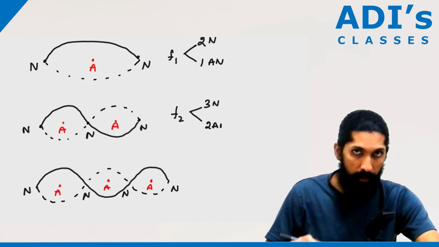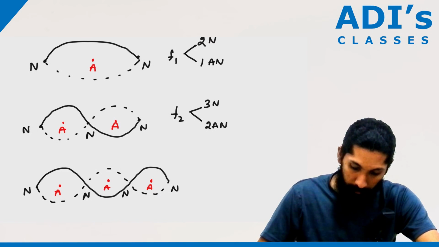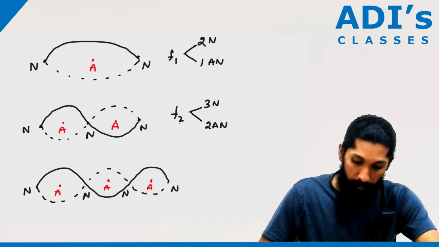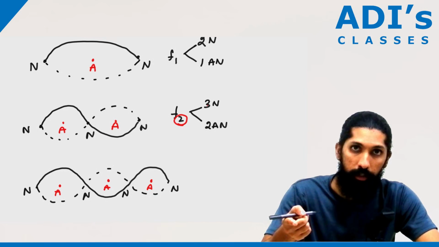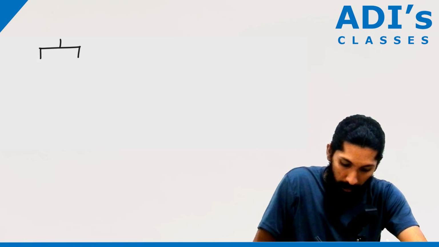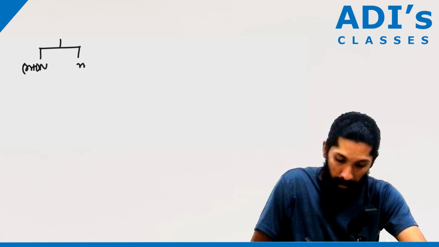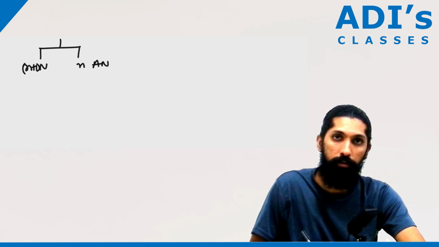And for the next one, whatever the harmonic number, the number of nodes is going to be 1 more than that. Always the case. Suppose you take the nth harmonic, what are you going to have? There will be n plus 1 number of nodes, and n number of antinodes.